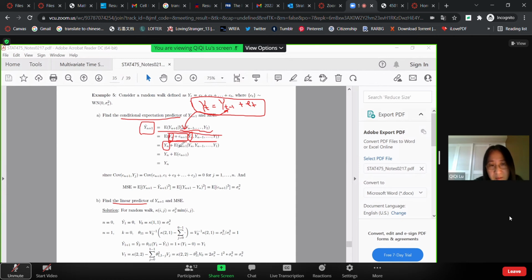And then the second term, the expectation of the noise given the data. Because the noise at time n plus 1 is uncorrelated with the past Y values, this term reduces to the expectation of the noise, which equals 0 by definition of the noise.